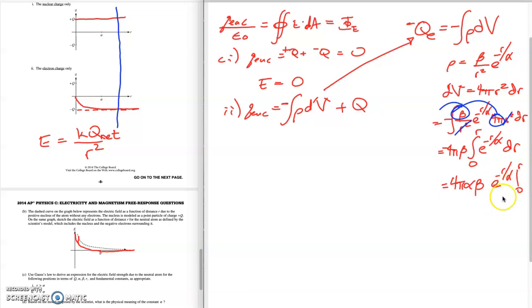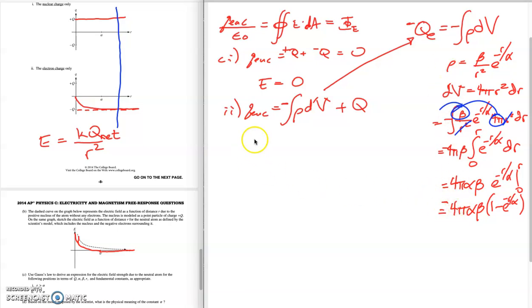And it's important to include both limits, because when you plug in 0 for r up here, the whole thing doesn't go to 0. It goes to 1, which makes this 4 pi alpha beta, parentheses, 1 minus e to the minus r over alpha. All right. And you also need to keep in mind that this whole thing is negative.